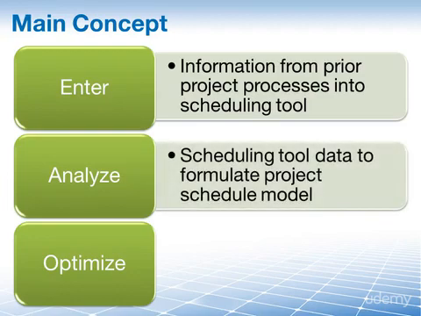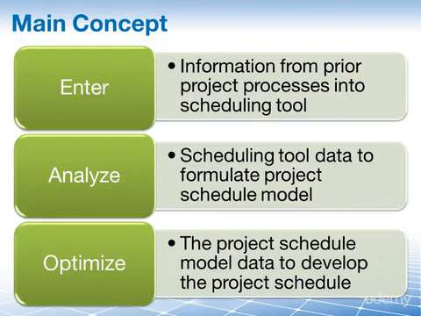We analyze the data entered into the scheduling tool to formulate the project schedule model, and we optimize the project schedule model data in order to develop the project schedule. By performing these sets of activities, you will be able to effectively create your project schedule model and effectively analyze and optimize it in order to create your initial project schedule and initial schedule baseline.